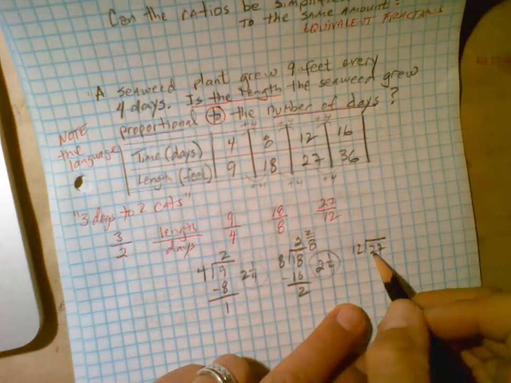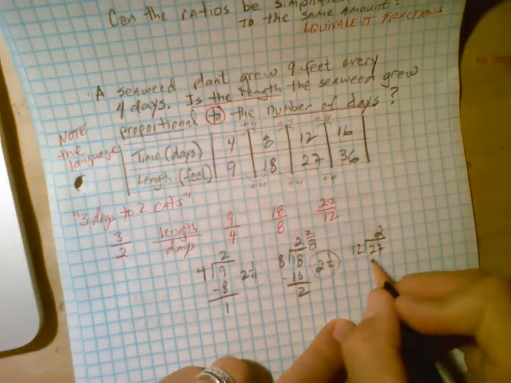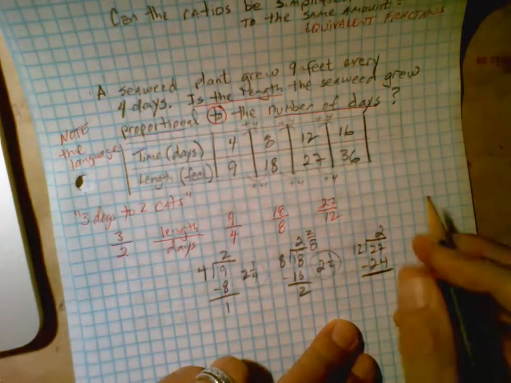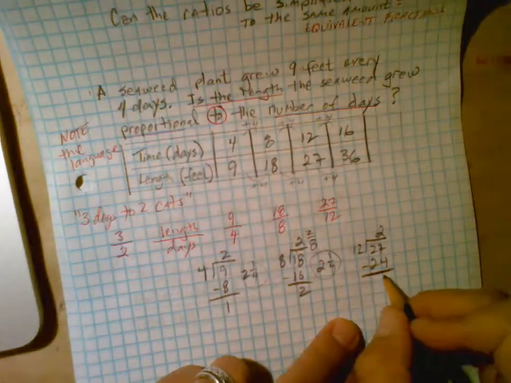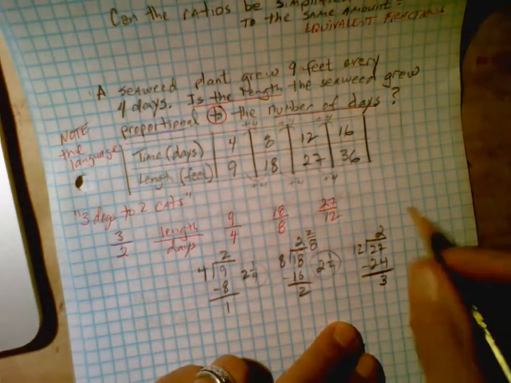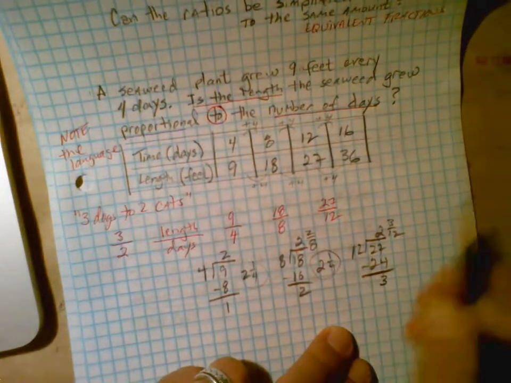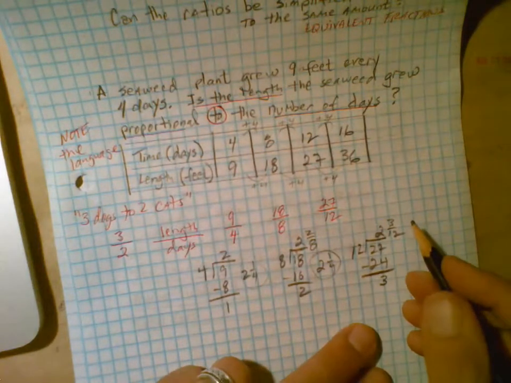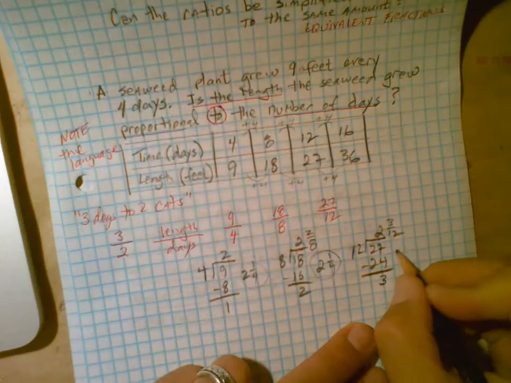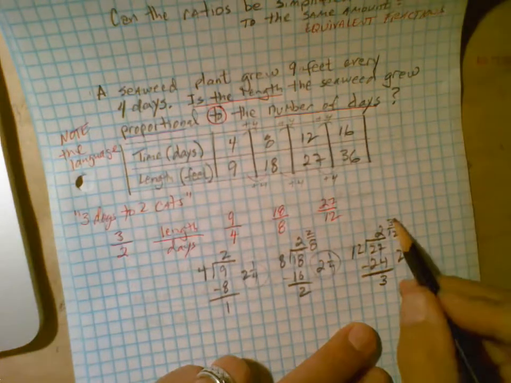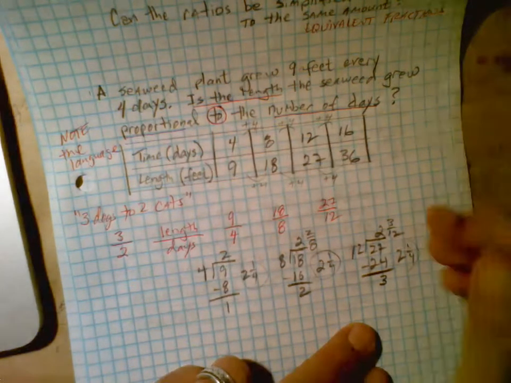How many 12s can I get out of 27? Well, I get 2. 2 times 12 is 24, and 27 minus 24 is 3. So I have 2 and 3 twelfths. And 3 twelfths also simplifies to 1/4, so it's 2 and a fourth. And I have one more to check here.